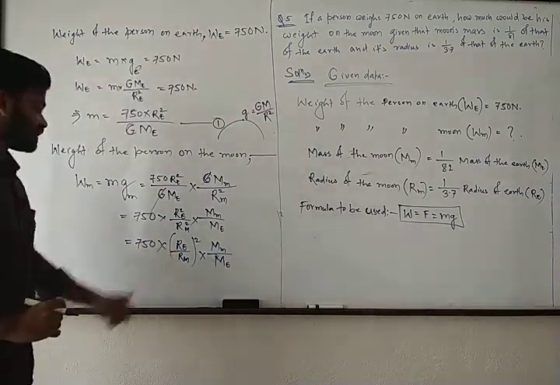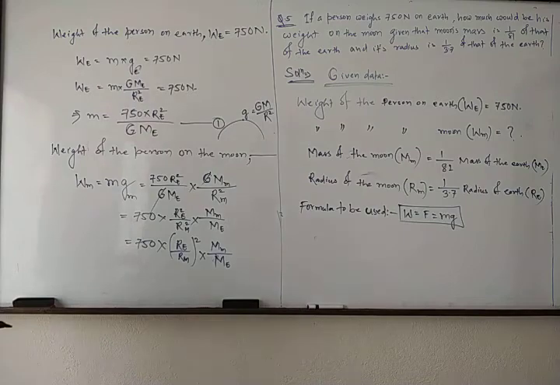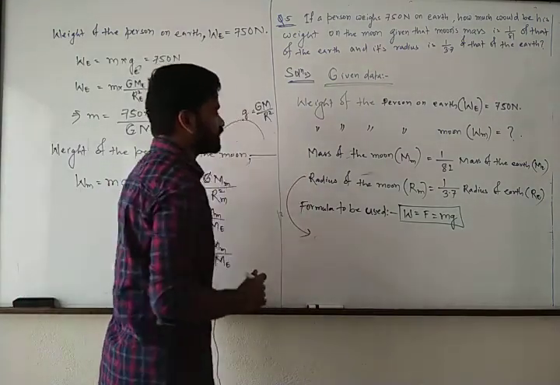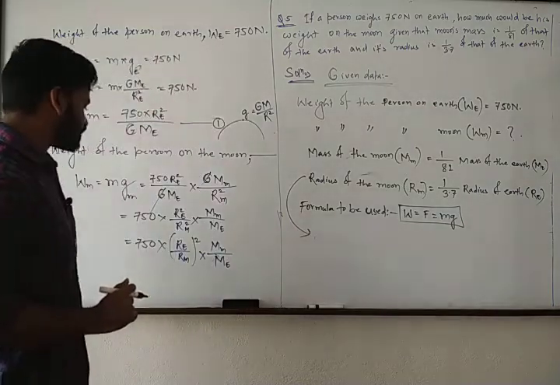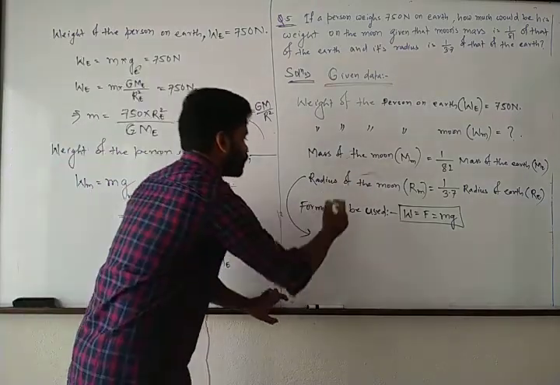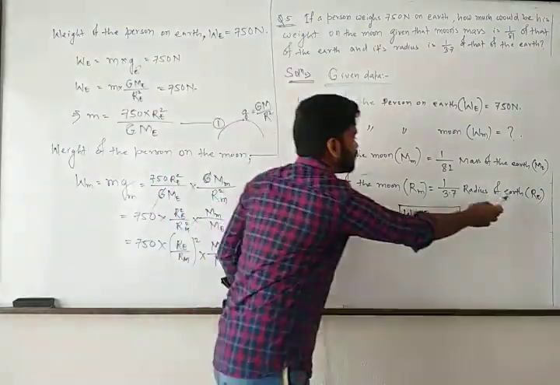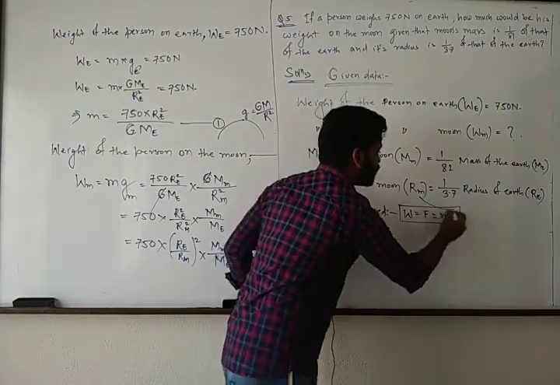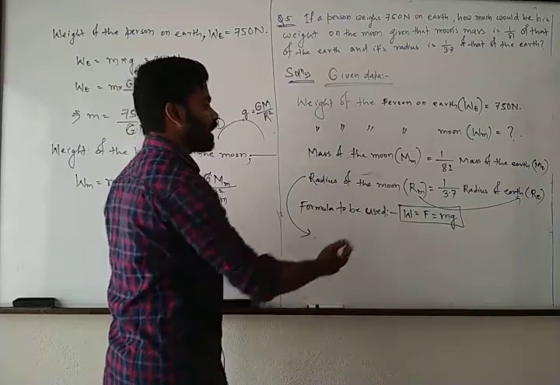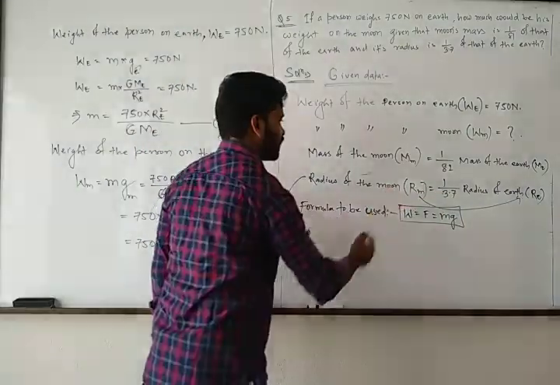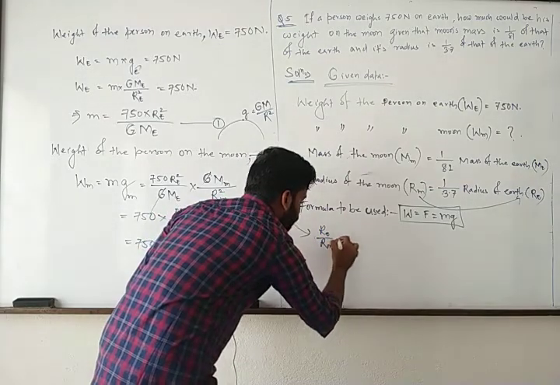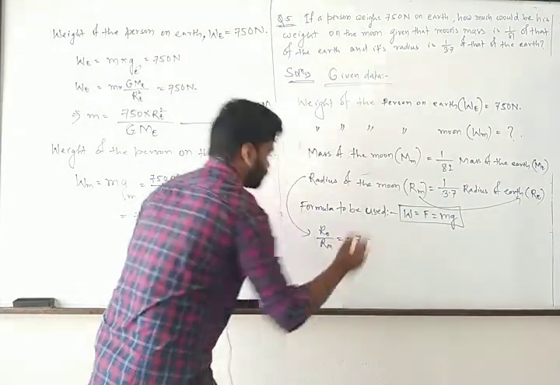You have to calculate the ratio R_e upon R_m. So from this you can calculate the ratio of radius of earth to the radius of moon. So here you can see R_e is on this side, you have to take the R_m on this side. So what will happen if you cross multiply 3.7 on this side? So R_e upon R_m is equal to 3.7.